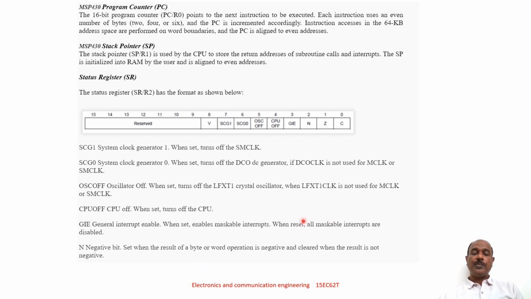When the operation is carried out on a byte or a word, and the result comes out to be negative, then this N bit is set equal to 1. Otherwise, if the result is positive, the value of this bit will be 0. Just remember that.